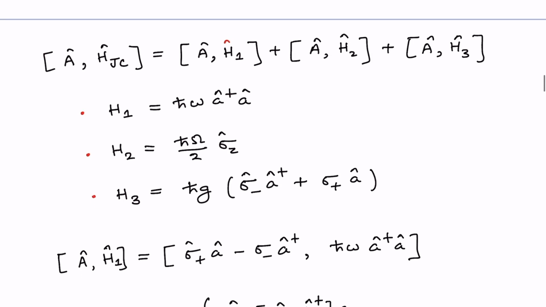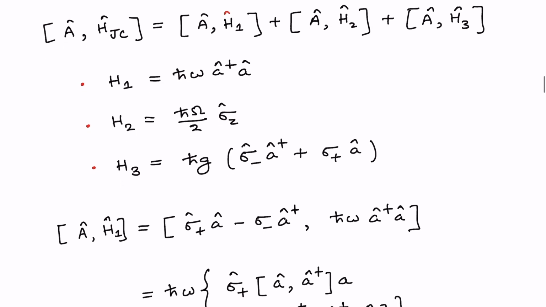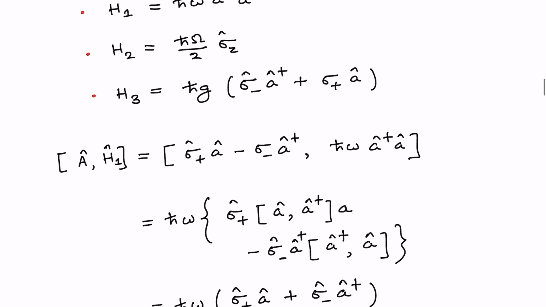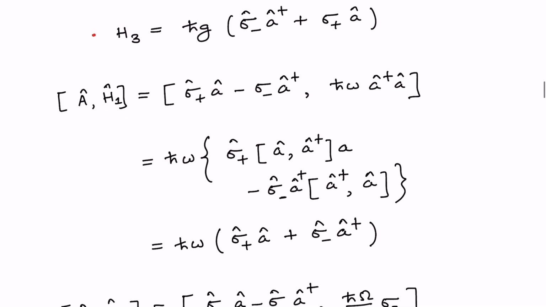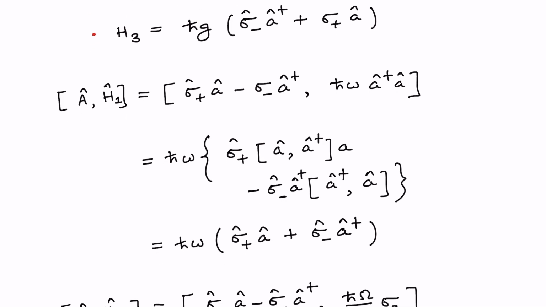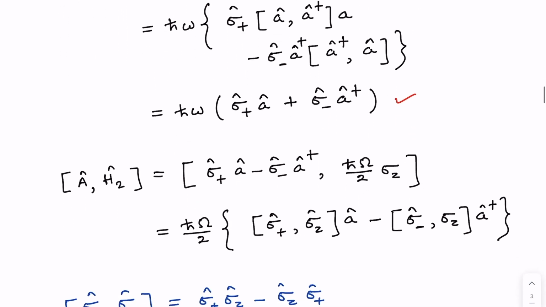Now let us work out these three commutation relations one by one, and it is very straightforward. For H1, I have shown you all the steps here. If you follow that carefully, you will get this expression for the commutation between A and H1.